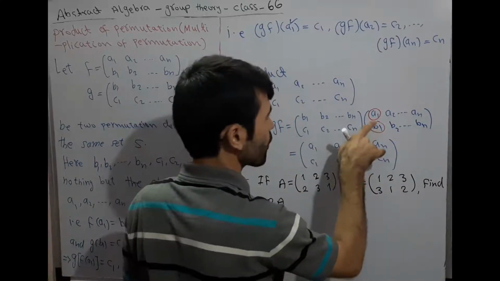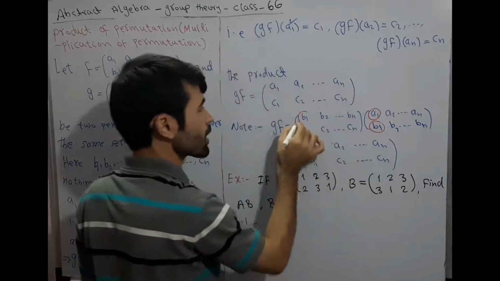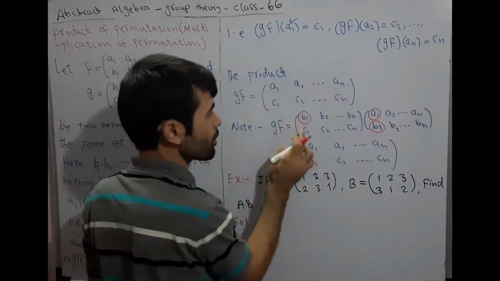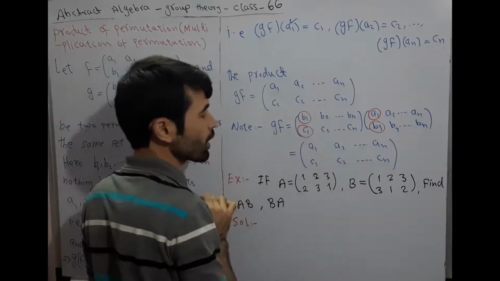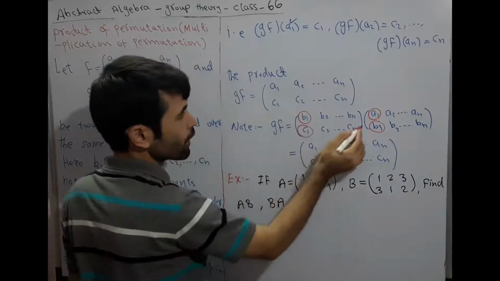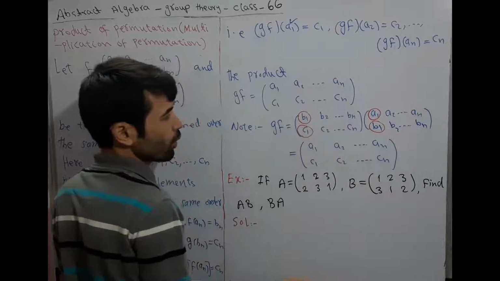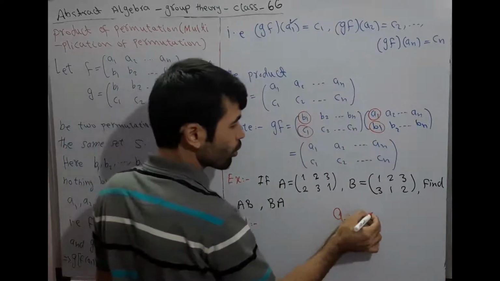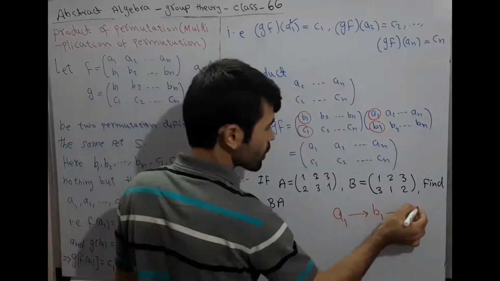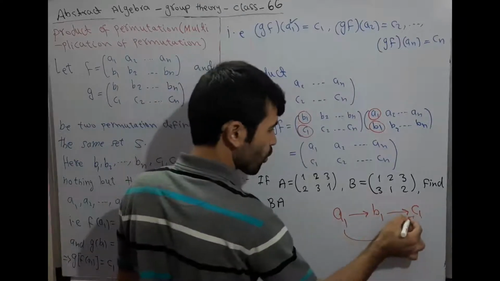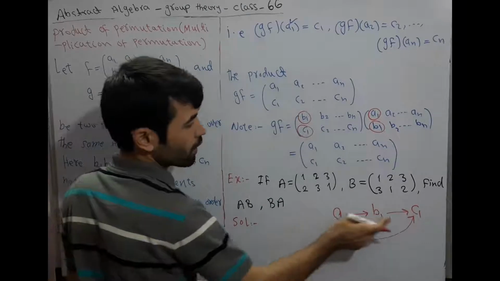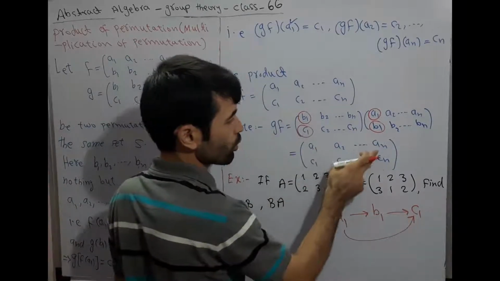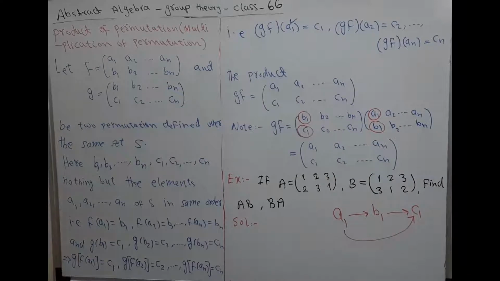Actually, the image of a1 is b1. Here b1 is the pre-image, and the image of b1 is c1. Therefore, we got a1 into b1 into c1. We take a1 to c1, a2 to c2, and so on. This is the definition of the product of two permutations.